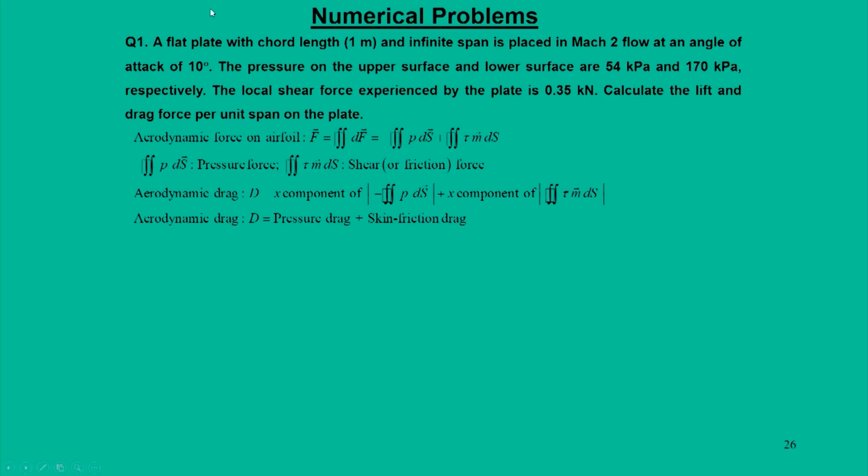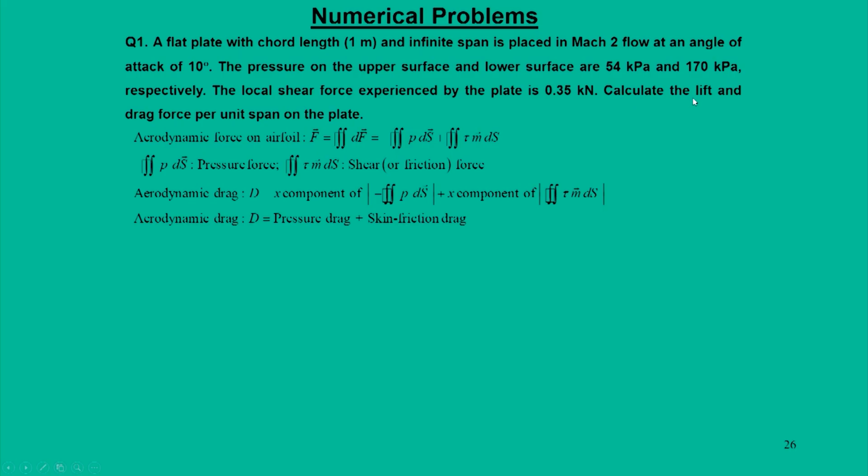The problem statement goes like this: a flat plate with a chord length of 1 meter and infinite span is placed in a Mach 2 flow at an angle of attack of 10 degrees. The pressures on the upper surface and lower surface are given as 54 kilopascal and 170 kilopascal. The local shear force experienced by the plate is 0.35 kilonewton.